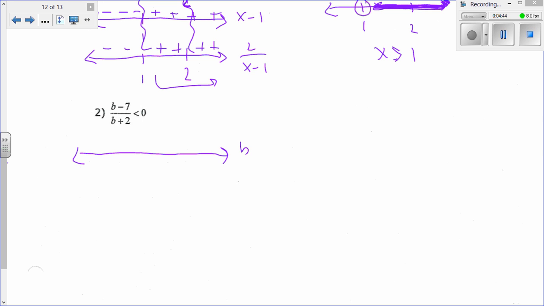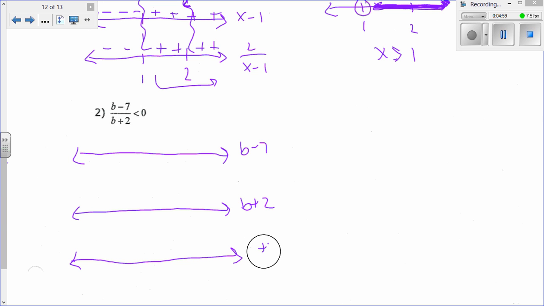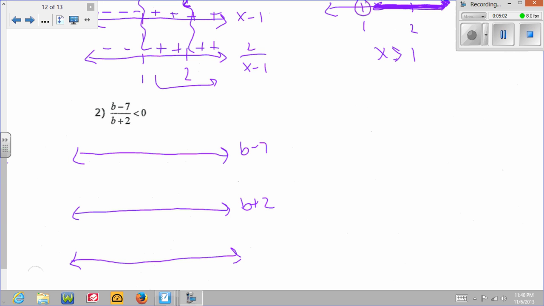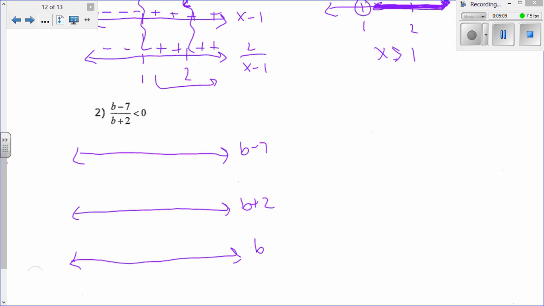So b minus 7, b plus 2, and then I have my final number line, which is b minus 7 over b plus 2.